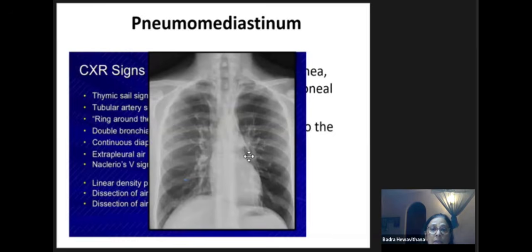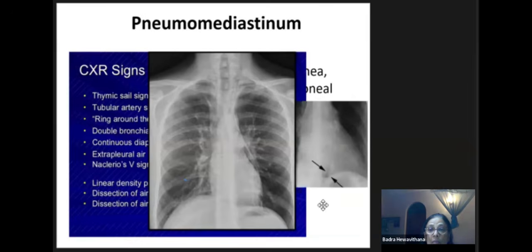So if you see the translucency going above the hilum, that means that is pneumomediastinum. And of course, you can see some emphysema here in the mediastinum. So a lot of gas translucencies. Those are the main signs that you see in this patient for pneumomediastinum.